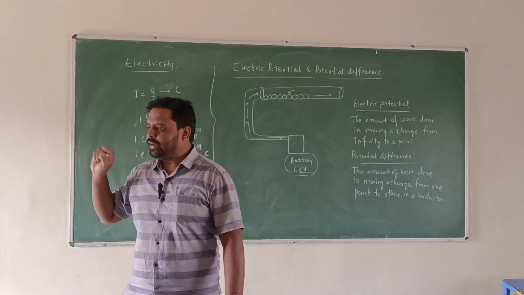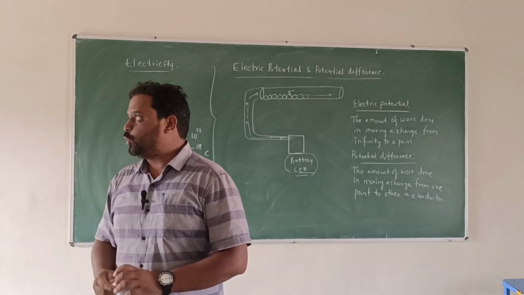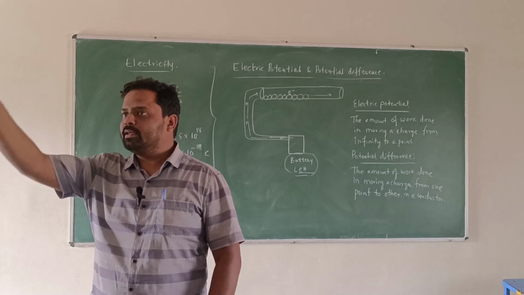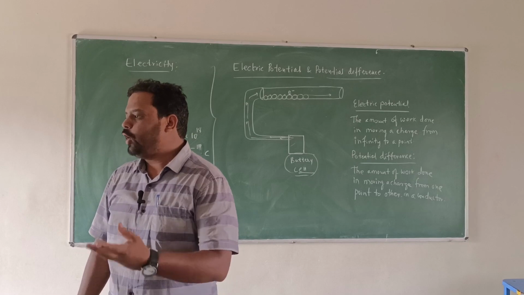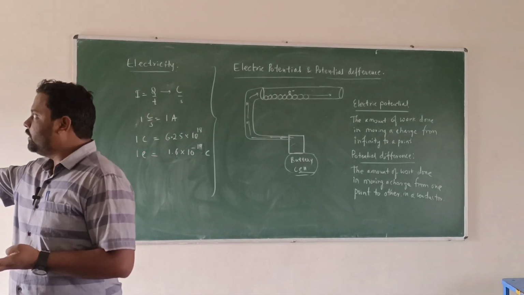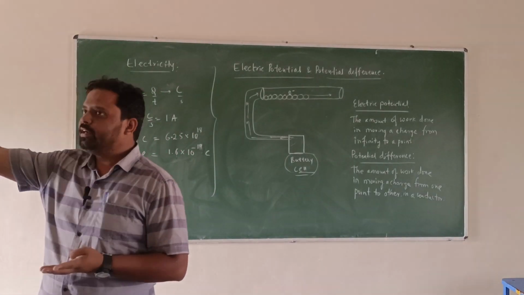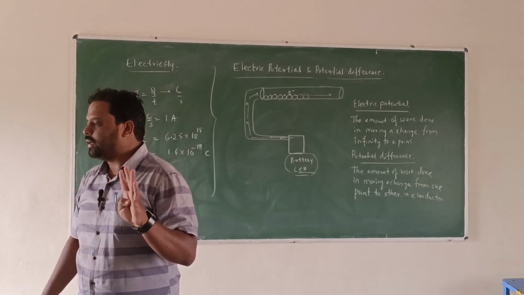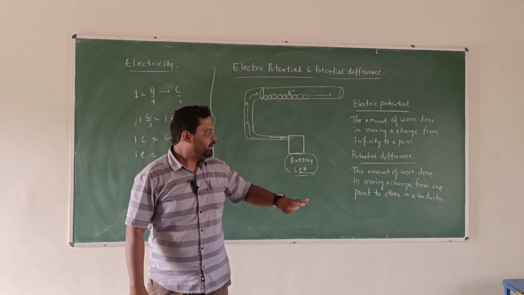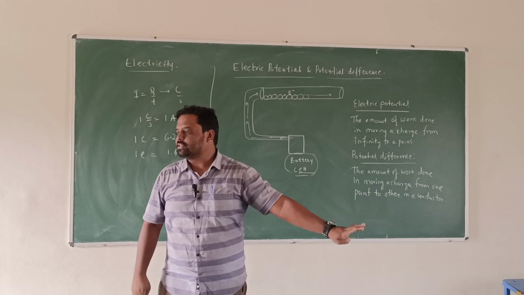Conductor means a wire. So let's say I want to transport 1 coulomb of charge from this end to that end. How much work is done in moving a coulomb of charge from this point to that end of the conductor? That is what we call potential difference.